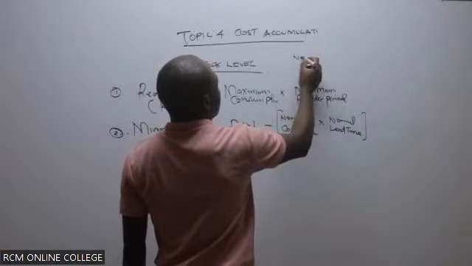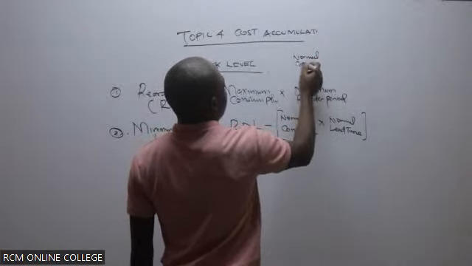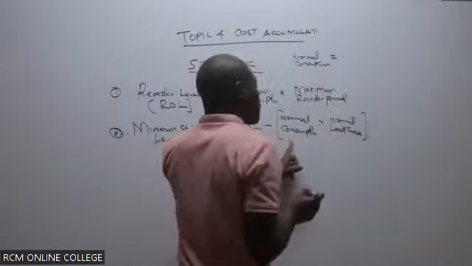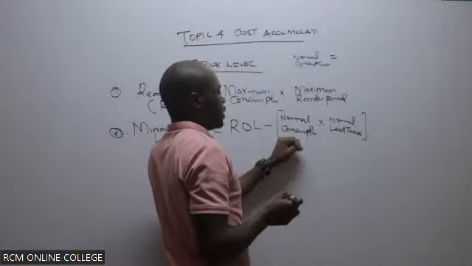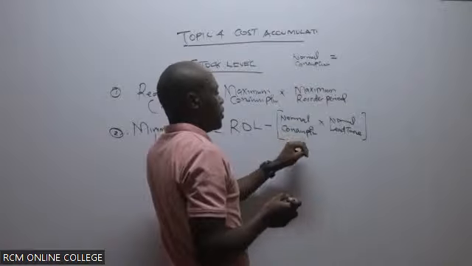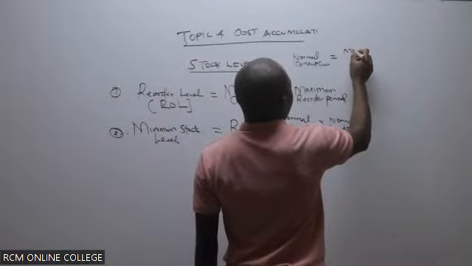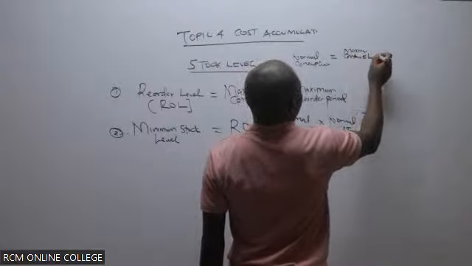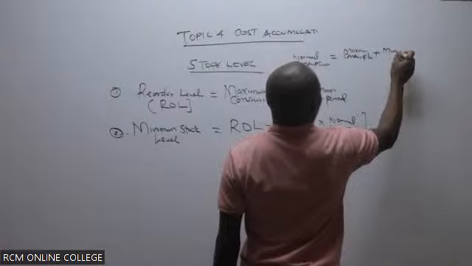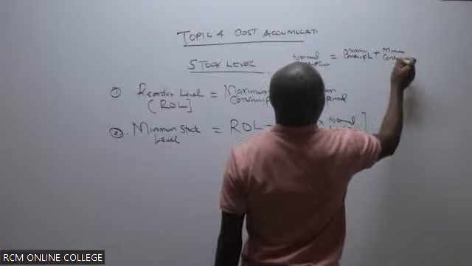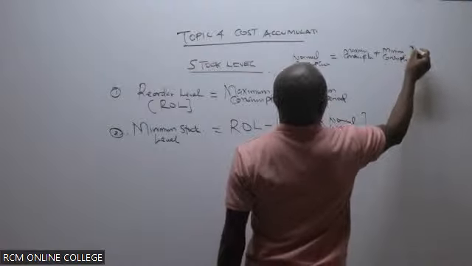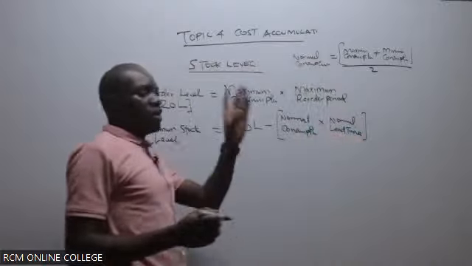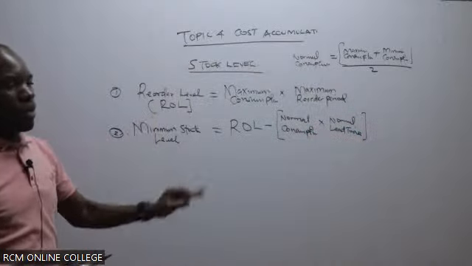Normal consumption, if the examiner does not indicate precisely that normal consumption is this, then we'll be taking maximum consumption added to minimum consumption, then the summation of this we divide by 2. In short, we are getting the average.